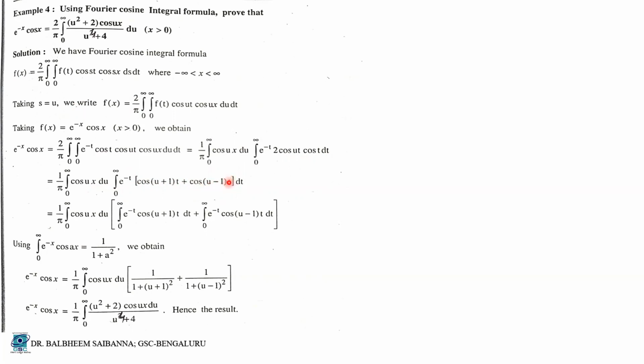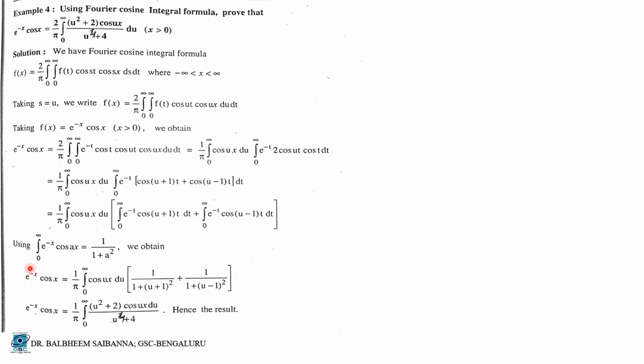We get cos of (u plus 1)t plus cos of (u minus 1)t dt. The first integral is as it is. Splitting again into two integrals, the sum of two terms, we write the sum of two integrals: integral 0 to infinity e to the power of minus t cos (u plus 1)t dt, and integral 0 to infinity e to the power of minus t cos (u minus 1)t dt.